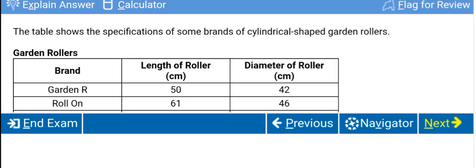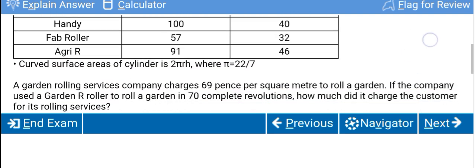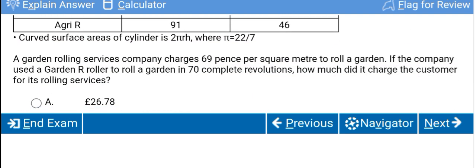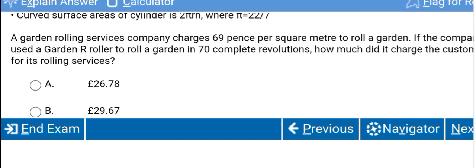Next question we have is question number 19. We have the same statement with the same table. Here you can see we have a different question: a garden rolling services company charges 69 pence per square meter to roll a garden.